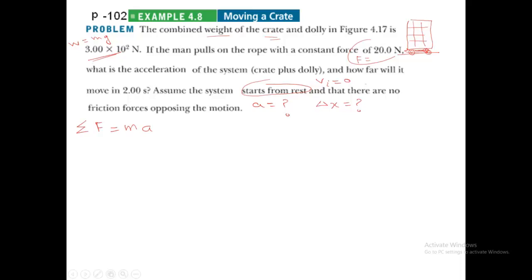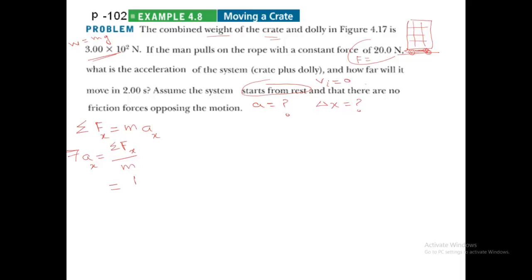Since the motion is along the x-axis, allow me to write this one here. So a is equal to the sum of the forces along the x-axis over m. From this equation you will get it. How much is the force?